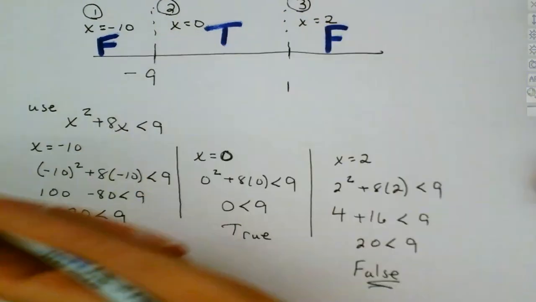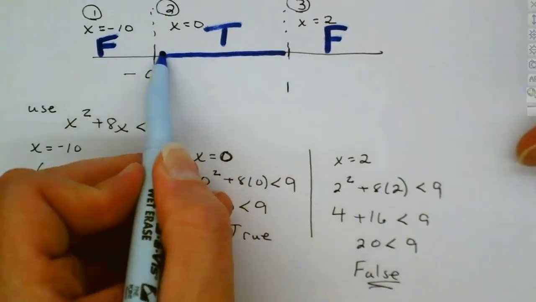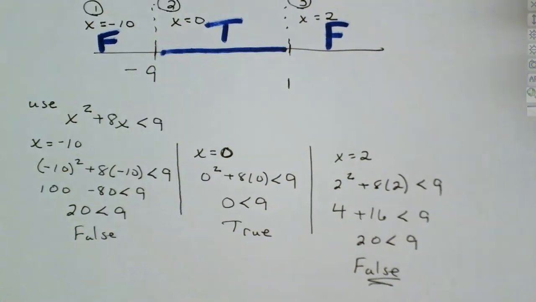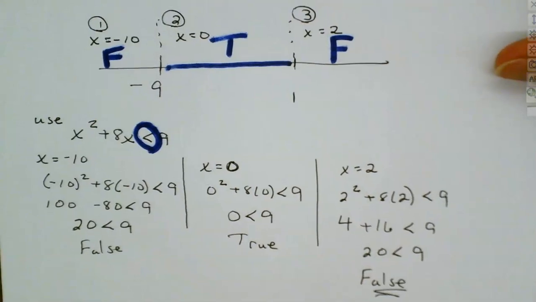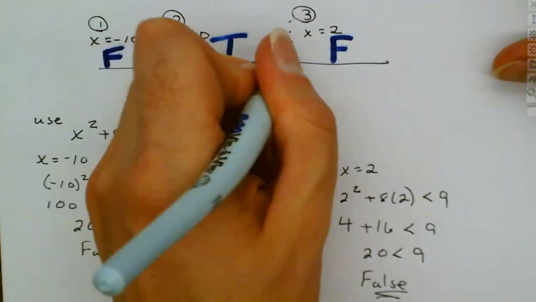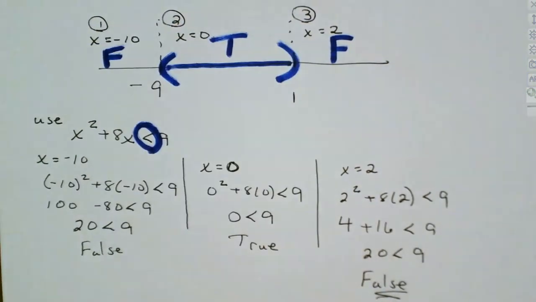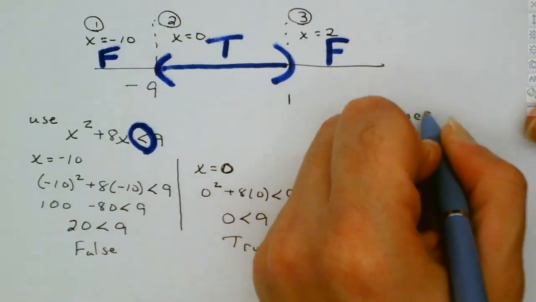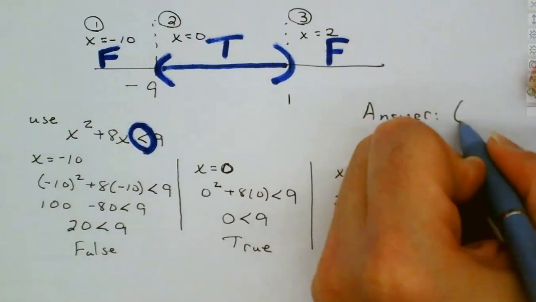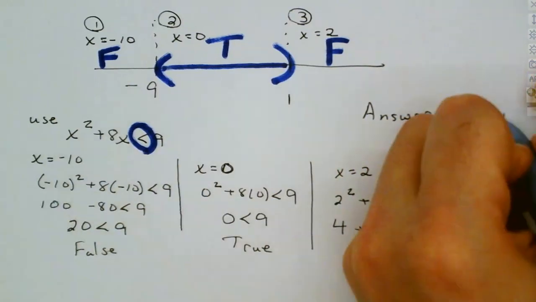So, where's our answer? Right in the middle. Brackets or parentheses? Parentheses, because our original had the parentheses. And so what's our answer? Our answer is negative 9 to 1.